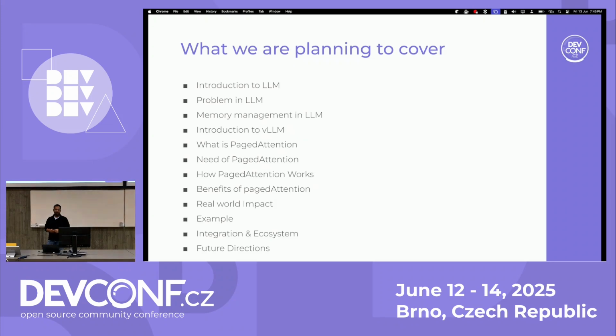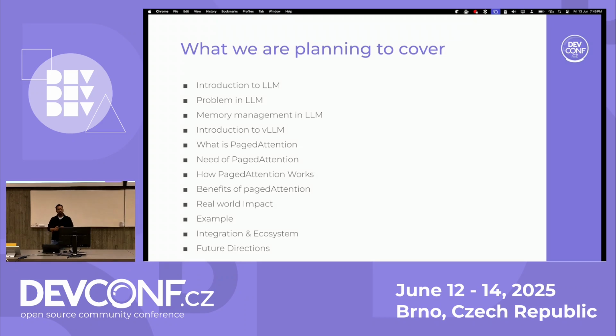So today we'll start this session with the introduction to LLMs, what problems we have in LLMs, how memory is managed in LLMs. Then we'll jump to vLLM and then to PagedAttention.